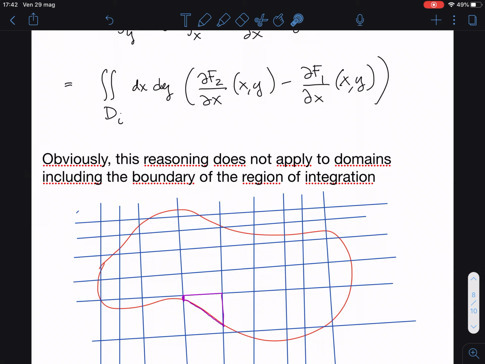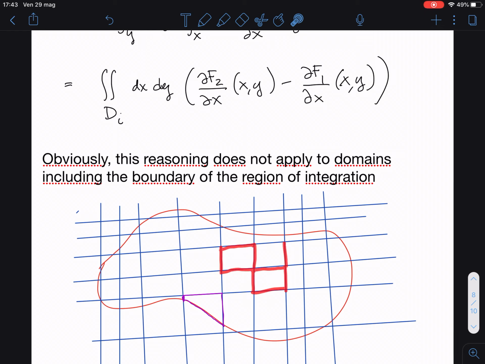Okay, this is the first delicate point, but I think if you followed up to here, we are able to follow also this part. It is a bit more delicate than before, because first you have to recognize that this reasoning only applies to these sorts of internal rectangles.